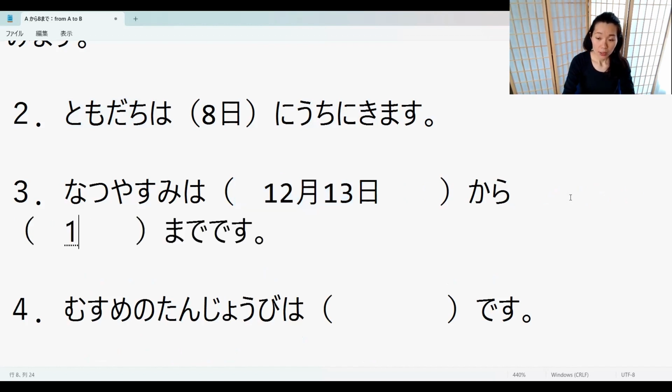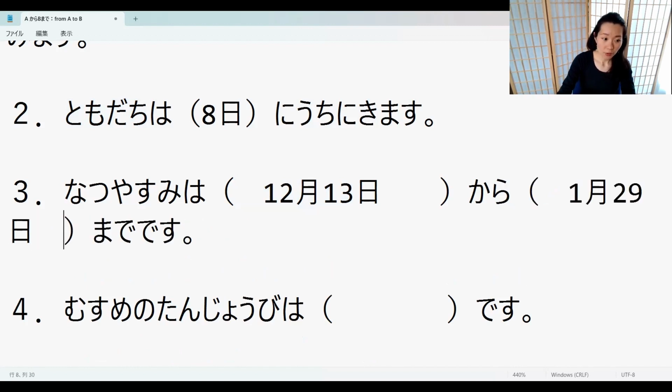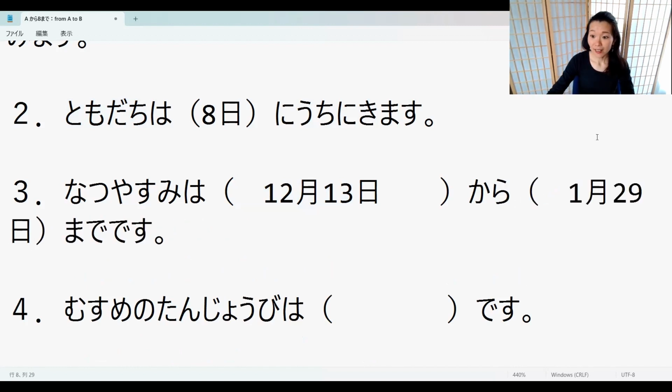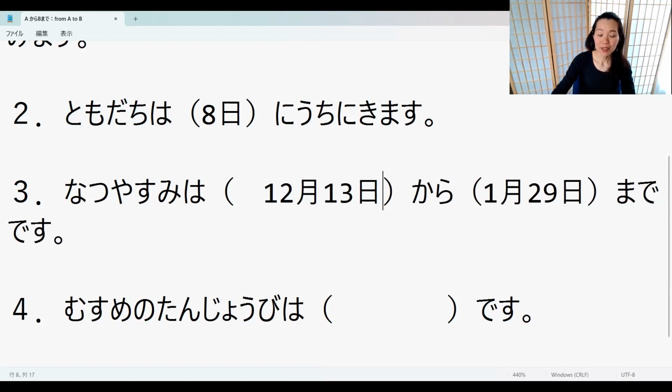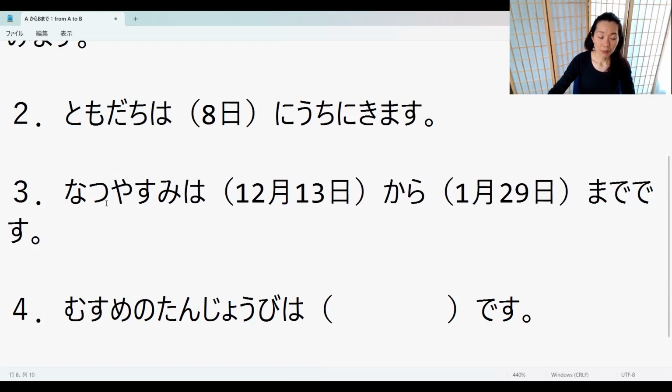You will use 1月29日までです。Well, I'm in New Zealand, so summer holiday means December for us in New Zealand. So that's why I use December. If you are in Japan, maybe that can be 冬休み. Anyway, that's the practice. So 夏休み is the topic, summer vacation.